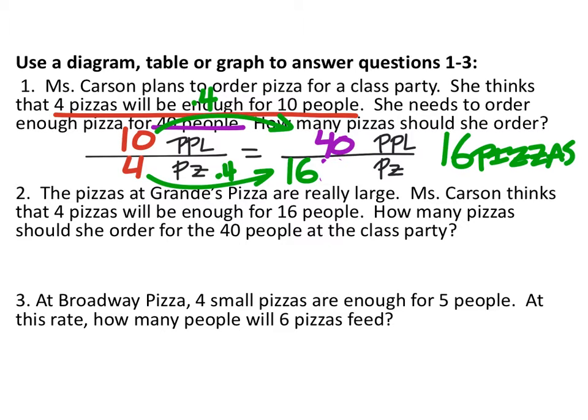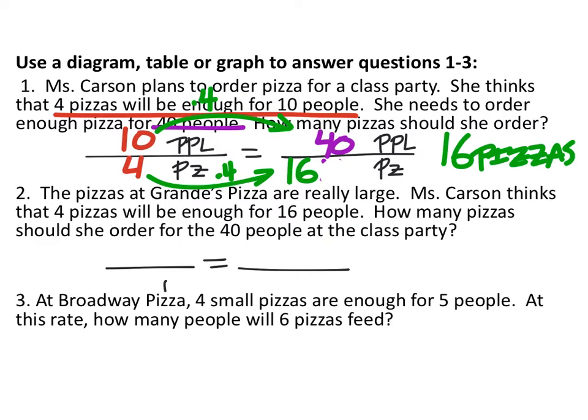Now, I'm going to be using proportions, even though, like you said, there are different ways to solve these, and that would be good. But since we are on the proportions unit, I'm going to stick with my proportions on this. So this one says Miss Carson thinks that 4 pizzas will be enough for 16 people. So again, we're comparing people to pizzas.